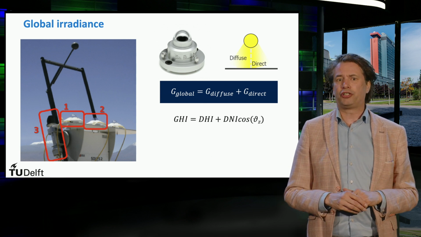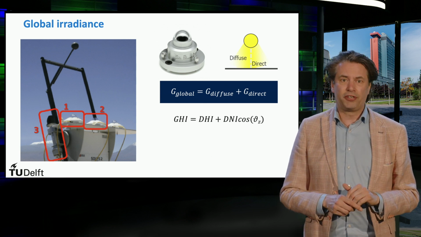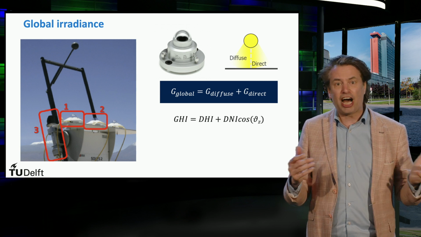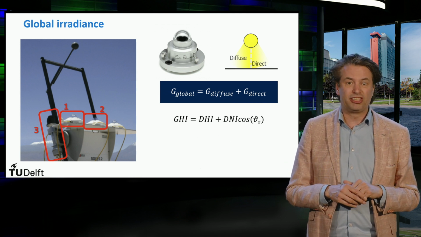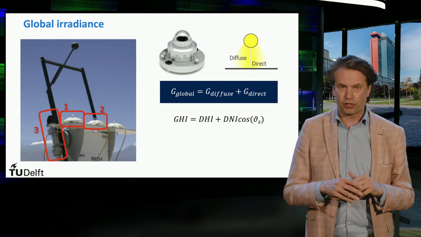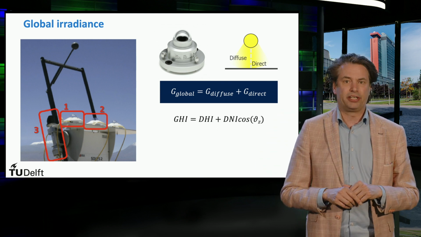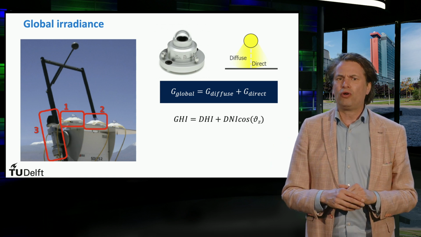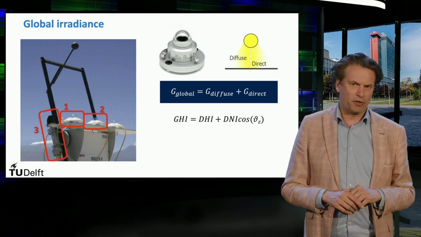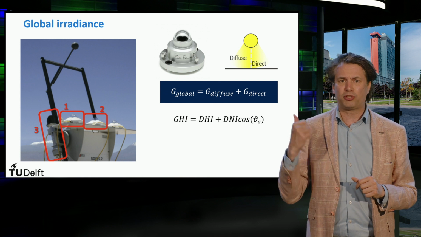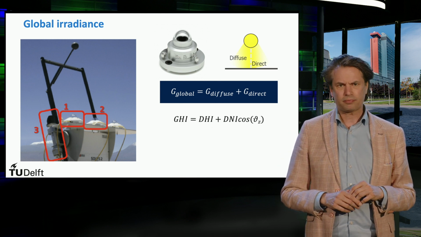Many times in literature you can also find these acronyms: GHI, global horizontal irradiance; DHI, which is the diffuse horizontal irradiance; and DNI, the direct normal irradiance. Let's have a look in detail at these different components and how to measure them with a setup such as the one depicted on the left.